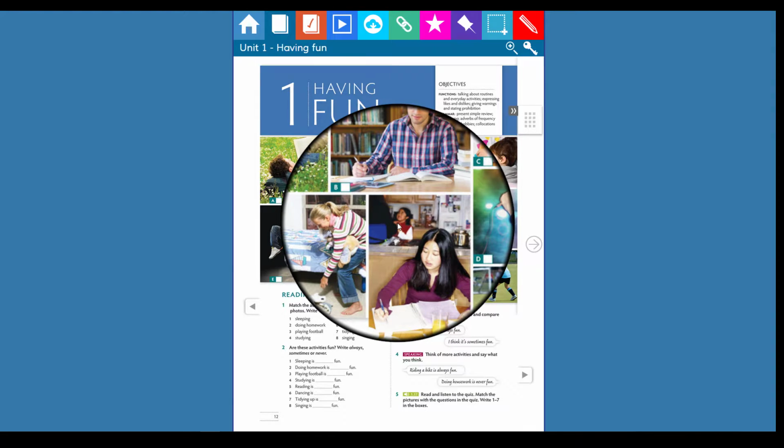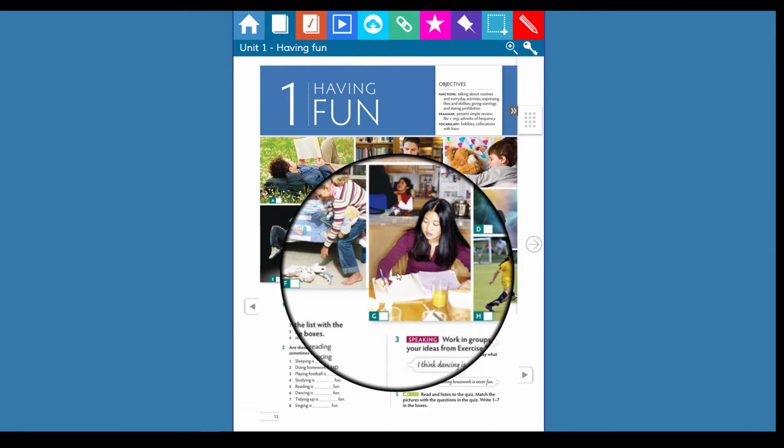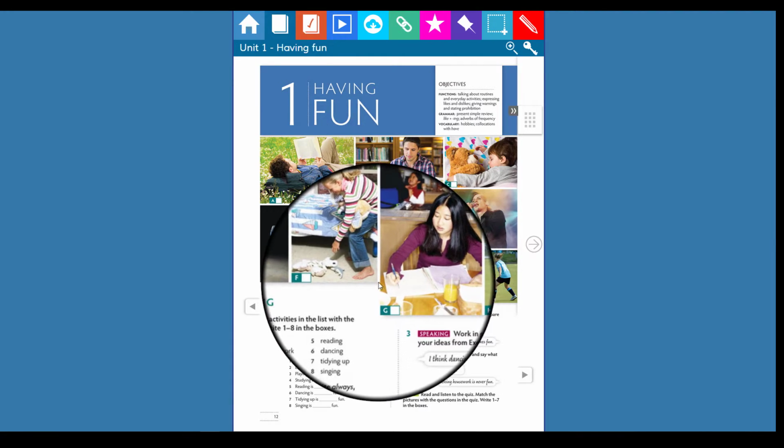Maybe she's her little sister and maybe she is her mom. So what do you think? Doing homework, letter B or letter G? I would say letter G.